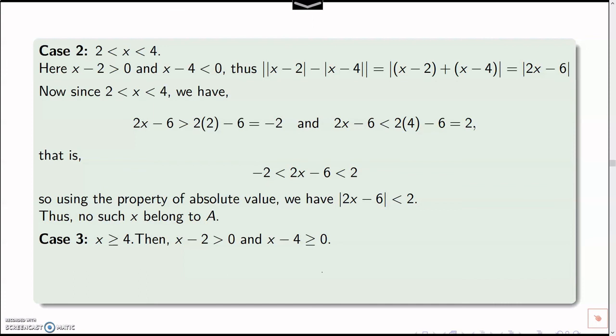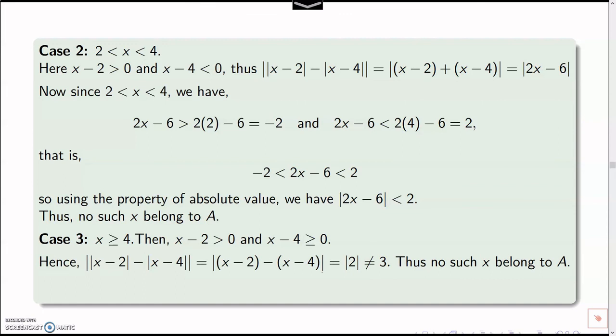So if I look at that equation, mod x minus 2 minus mod x minus 4, that will be x minus 2 minus x minus 4. This is positive, so it will remain as it is. Again, this is bigger than or equal to 0, so it is going to remain as it is. And if you simplify this further, that will reduce to modulus of 2, which is 2, and this 2 is not equal to 3.